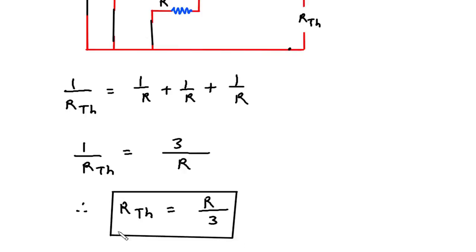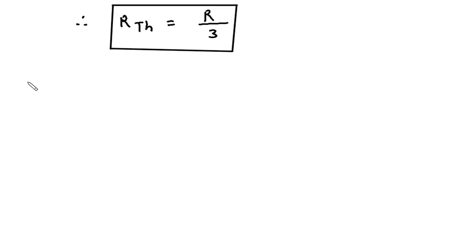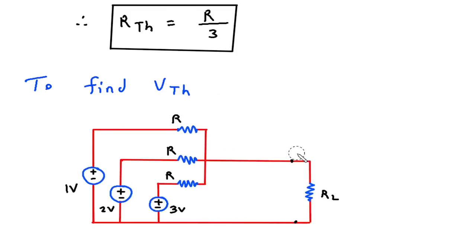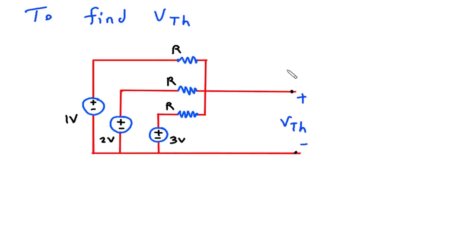Next we have to find VTH. So to find VTH, here this will be our VTH. This will be positive and this will be negative. Let's say this is the node with voltage VTH, and this is the reference node.